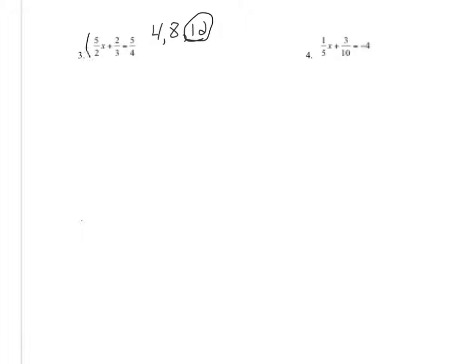So we're going to do 12 and 12. So this time, when we do this, 2 goes into 12 6 times. Then you're going to do 6 times 5, and your answer is 30x.